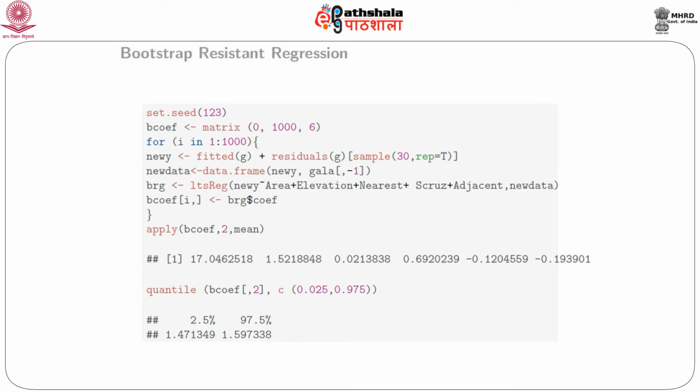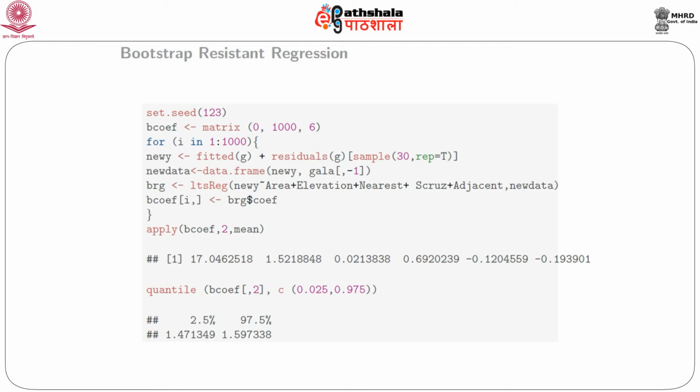What? First, we need to generate the new y's, or the y star. So, that is new y is fitted plus residual, and on the residuals we take a sample of size 30 with replacement and create the new y vector. Once this new y vector is created, we create a data frame called new data inside the loop.